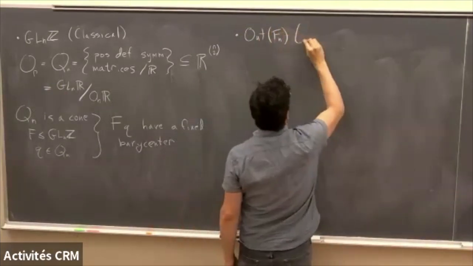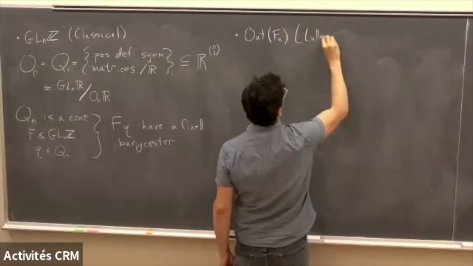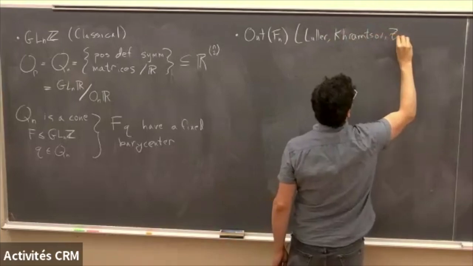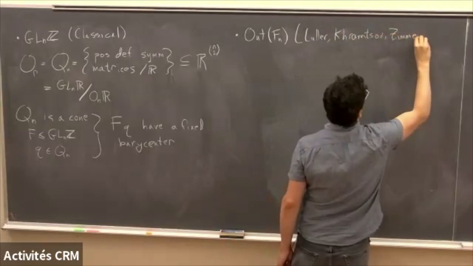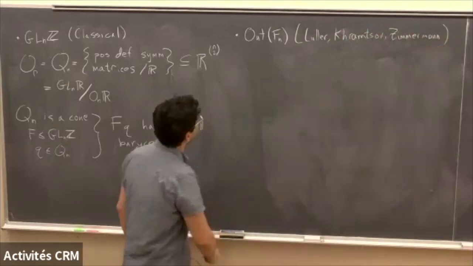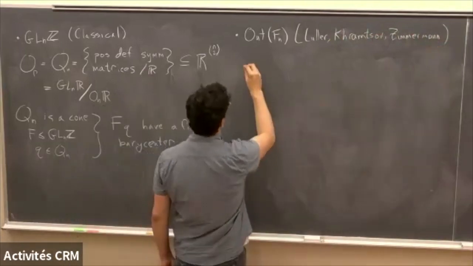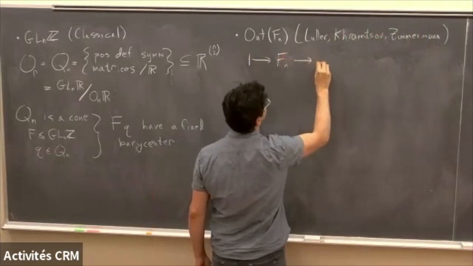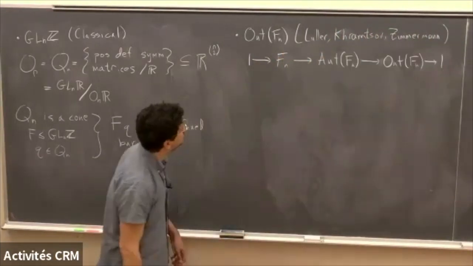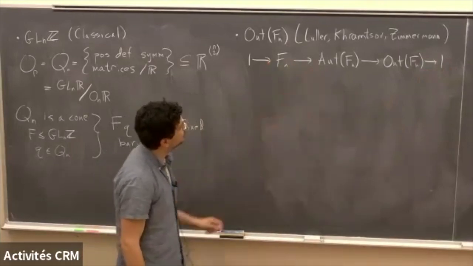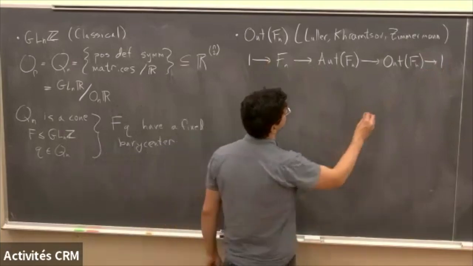So this is due, independently, to Culler, Gromov, and Zimmermann in the 80s. And let me start off. The starting point is to look at the following exact sequence. So since Fn has trivial center, this is just the inner automorphisms including in there.